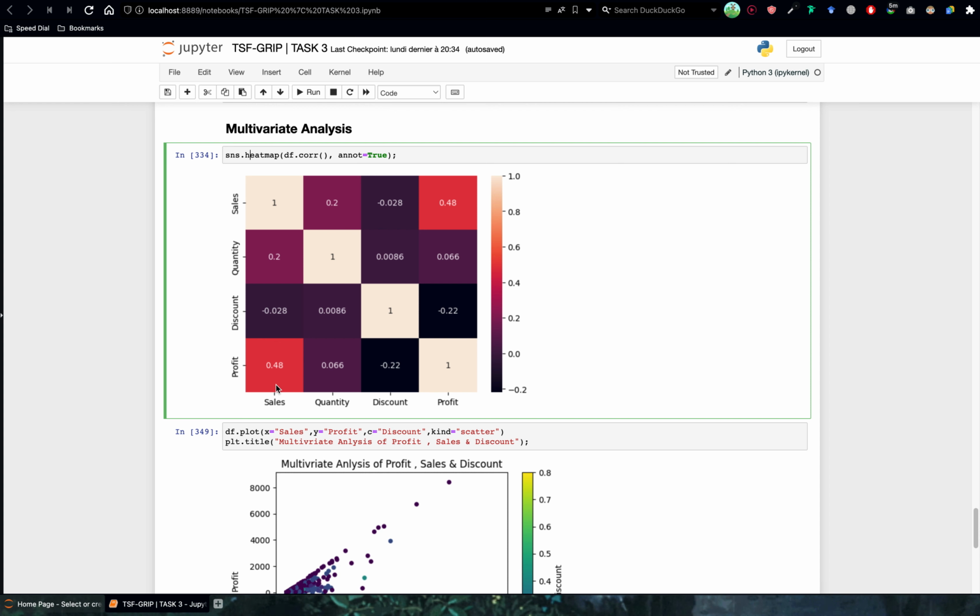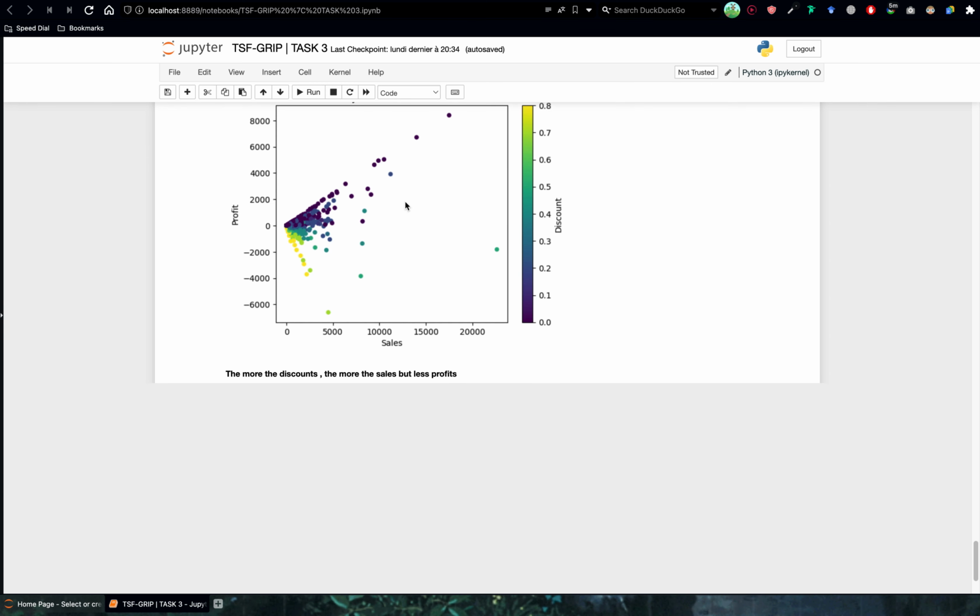As we can see here, the discount has a little bit of correlation with the sales, and also the profit. We will see how here.